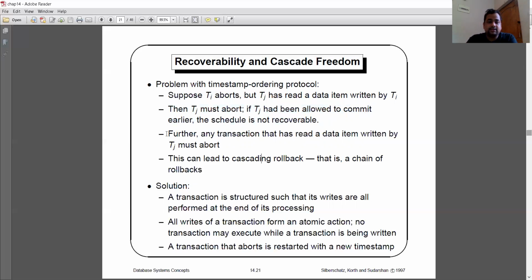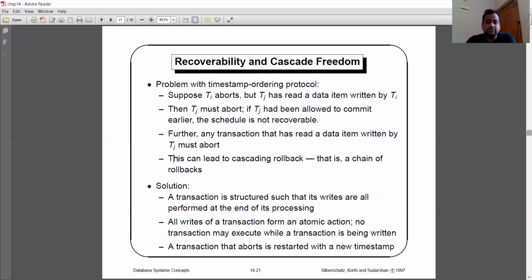Further, any transaction that has read a data item written by transaction Tj must abort. So first Ti aborts, subsequently Tj aborts, and subsequently any transaction which uses the data item of Tj again has to abort.